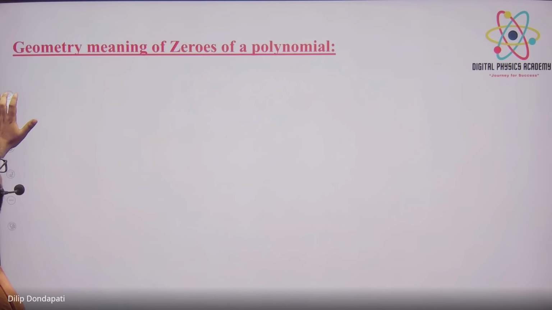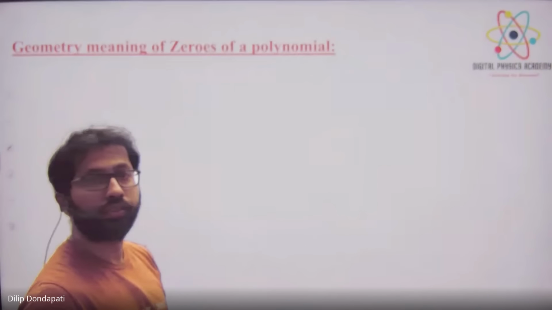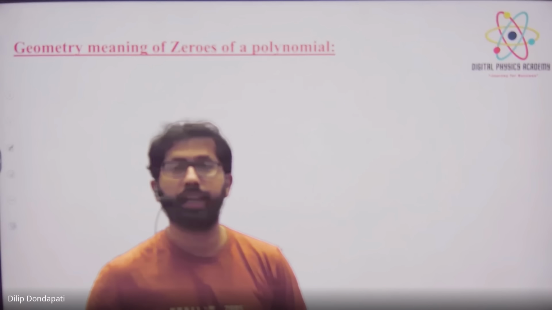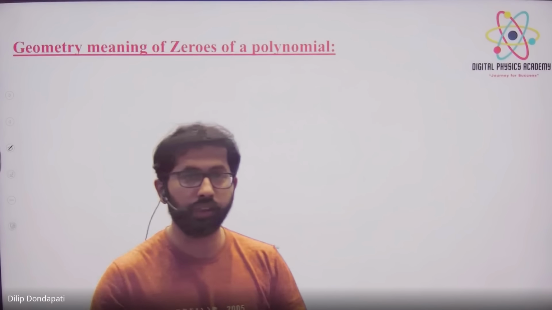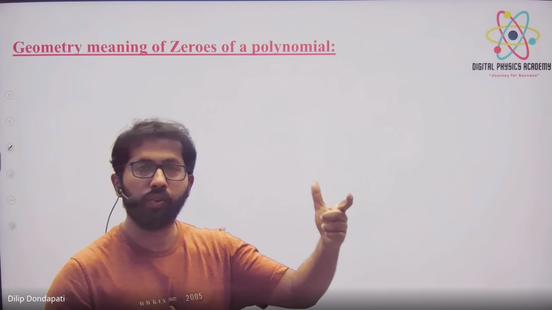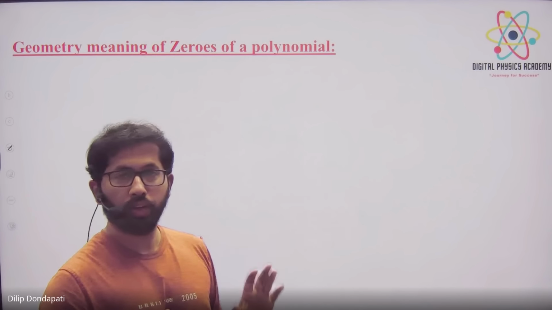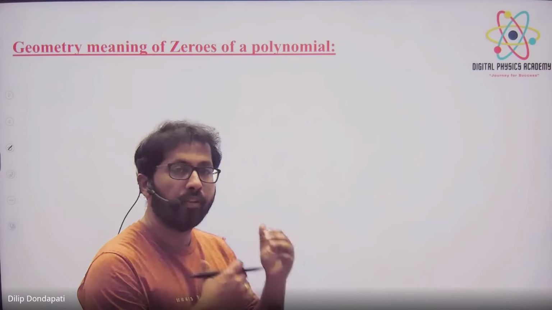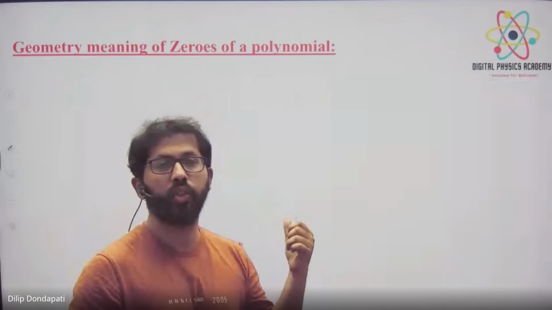Now, geometrical meaning of zeros of the polynomial. What is exactly the meaning of zero of the polynomial? Up to 9th class, you simply equated the polynomial to 0 and found the value of x. But here, in the graphical way, we have to find the zeros of the polynomial.